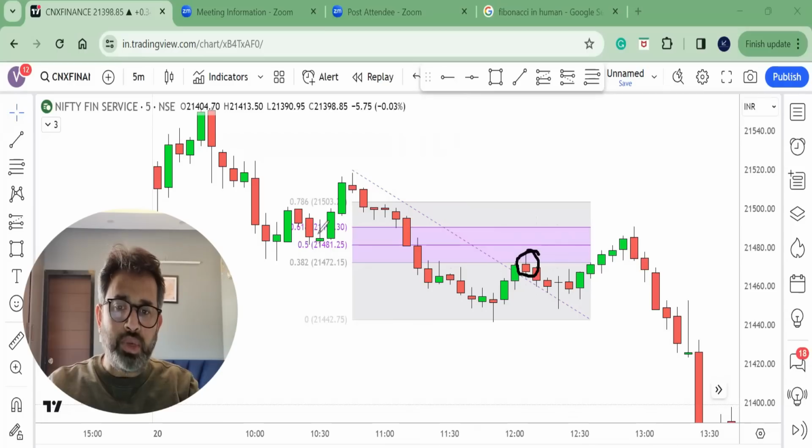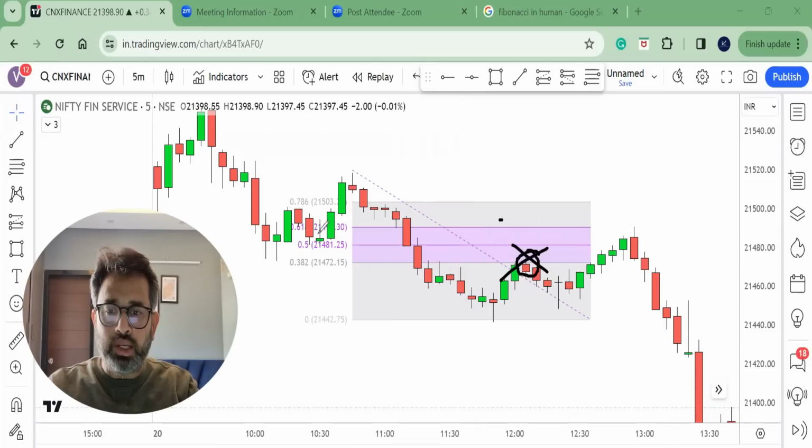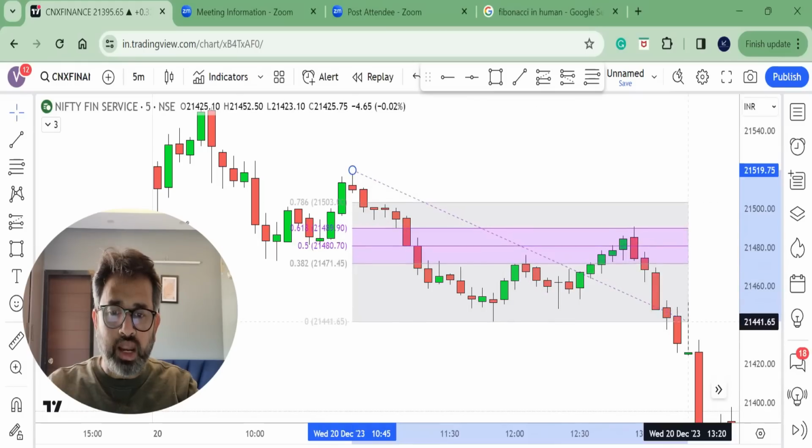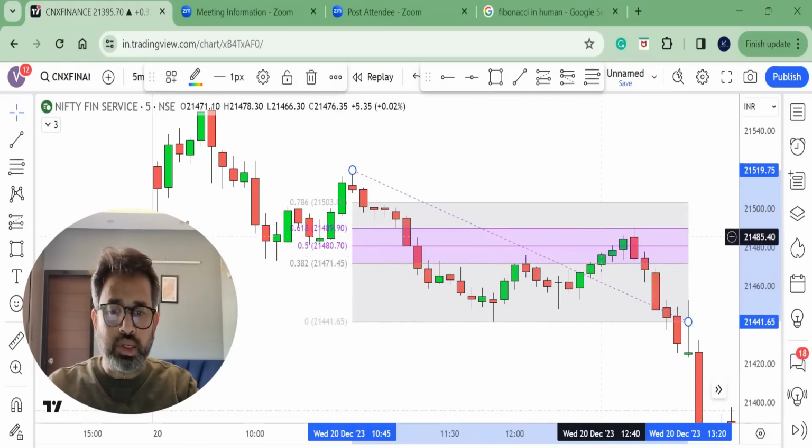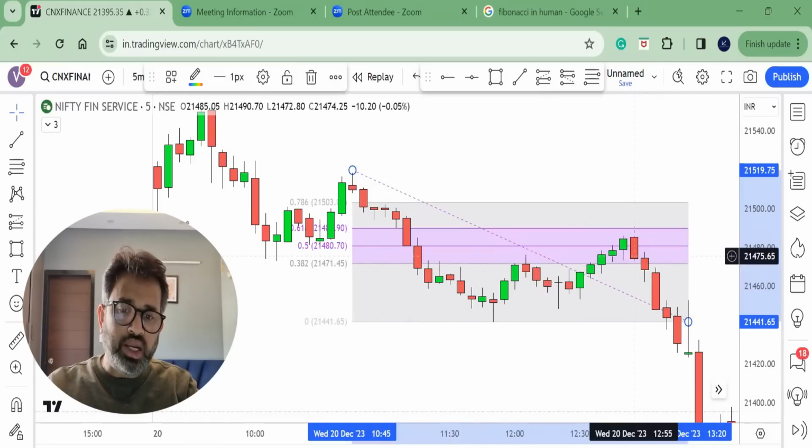If it makes a bearish candle, don't go with the full position, because your stop loss should be here only, above 0.618, right? So go for half position size and see if price again comes back to 0.5 or 0.618. In that case, again, you can add the remaining 50%. So that is how sometimes price can reverse from 0.382. Then don't go with the full position. Only add to the position if it again comes to 0.5 or 0.618 and then starts making a bearish candle.